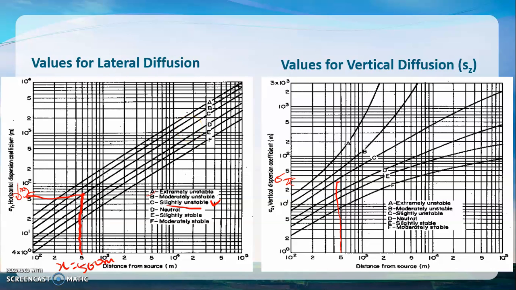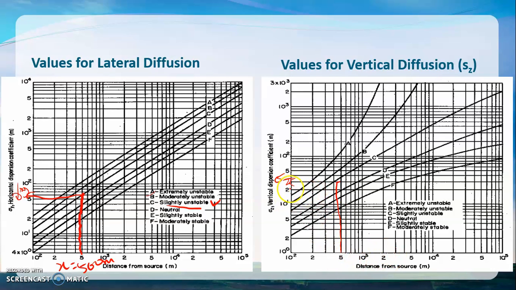Just now I explained when you have x, then you find your sigma z. But this time around, you have your sigma z first, and then you determine your x here.